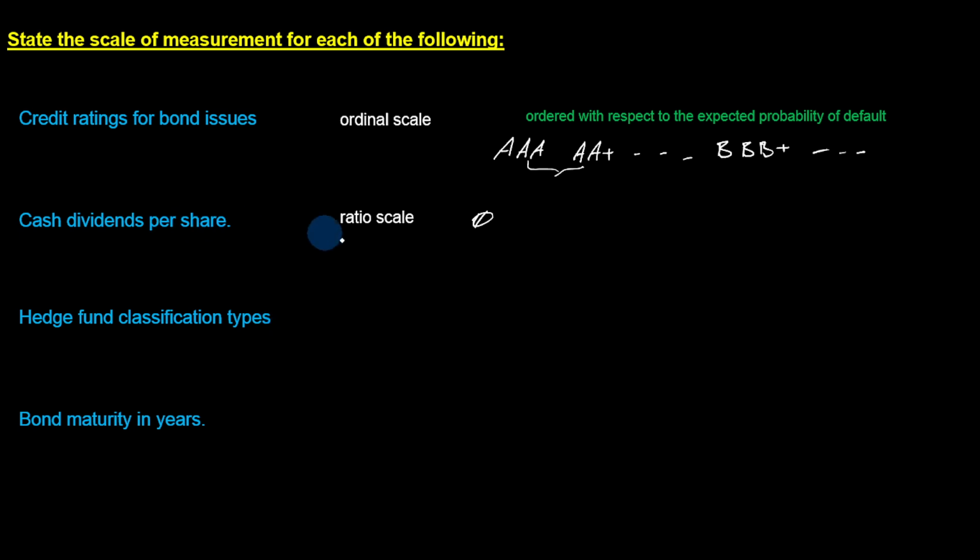Here, different types group hedge funds with similar investment strategies together, and they can only be identified by the name we give them. And we don't know which one is better than the other, so that makes this one a nominal scale.